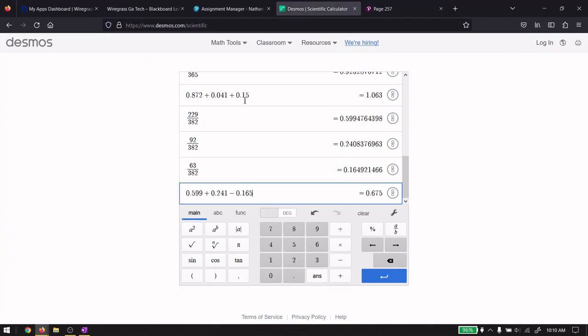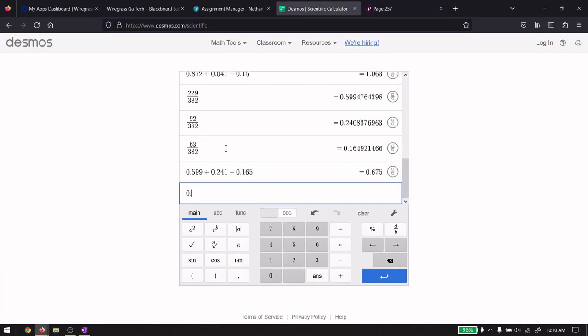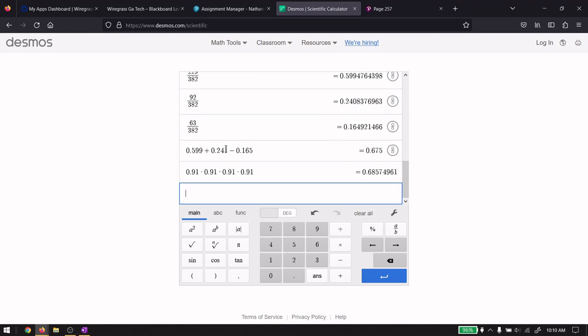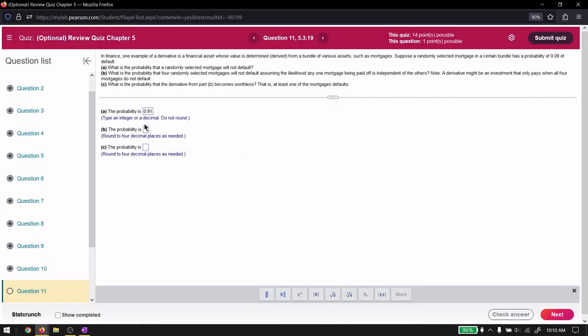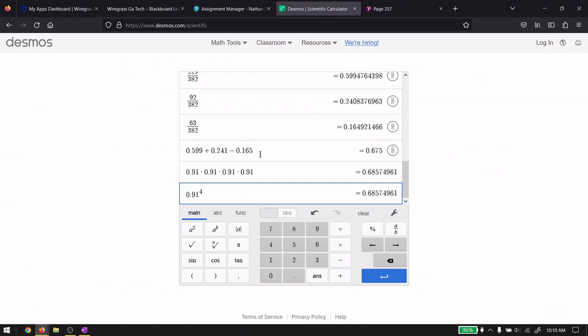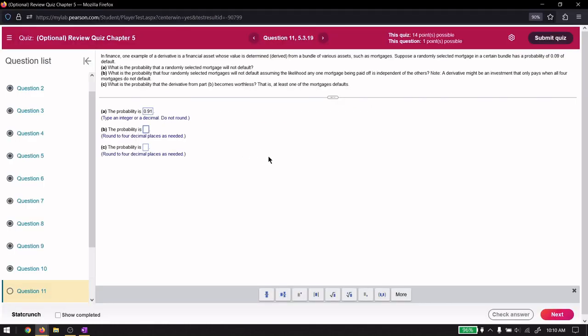So we could do that as 0.91 times 0.91 times 0.91, or we can just do 0.91 to the power of 4. Same exact thing. So it should be a probability of 0.686. Oh, it wants 4 places. So let's go 0.6857.